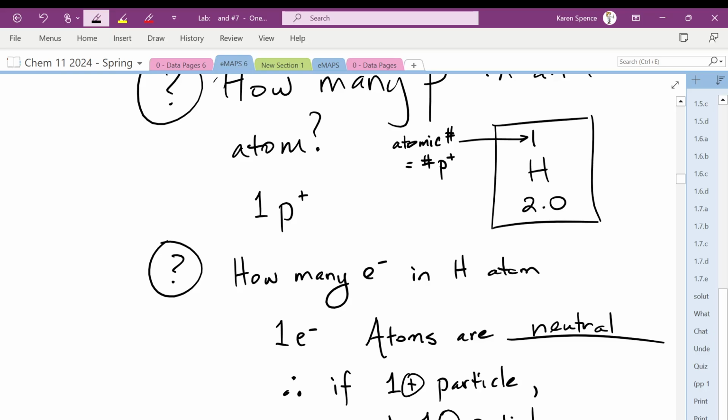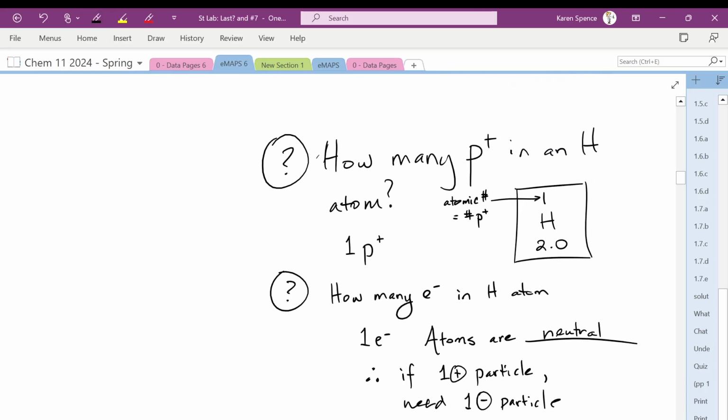So hydrogen has 1 electron. So let's draw a Bohr model for hydrogen. Here's its nucleus. There's its first shell, and there is its electron. That's a hydrogen atom.